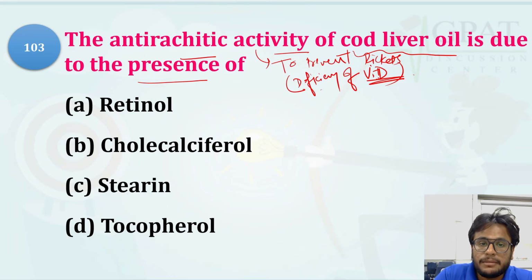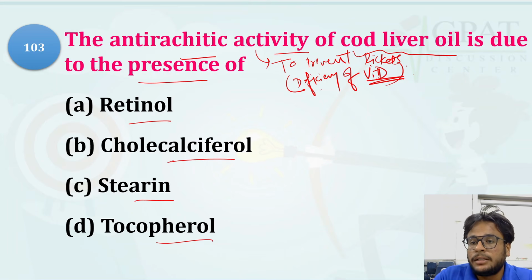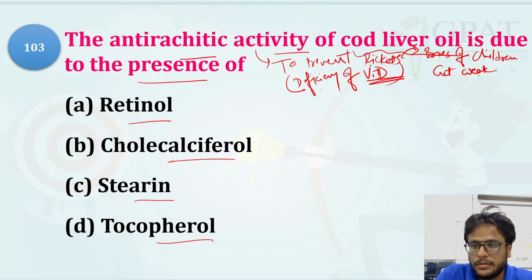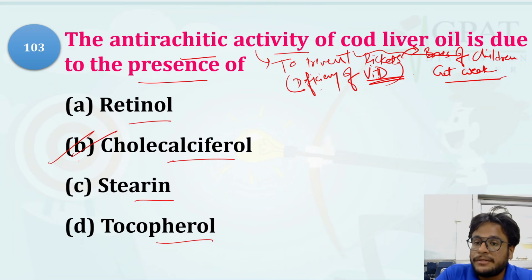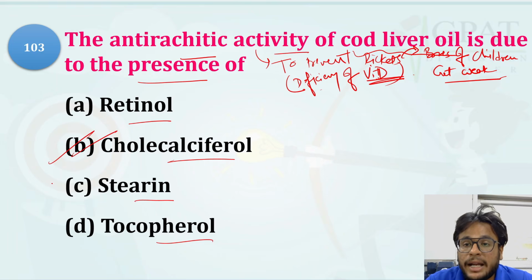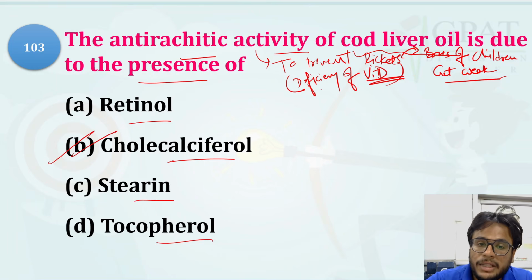So this question is asking: option A is retinol, option B is cholecalciferol, option C is sterol, and option D is tocopherol. What is going to be the answer? The B, cholecalciferol. Due to the presence of cholecalciferol, the cod liver oil will mainly show that anti-rachitic property. So B is going to be the answer for that particular question.